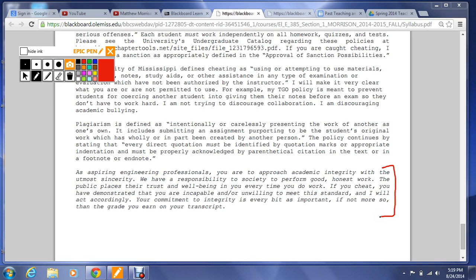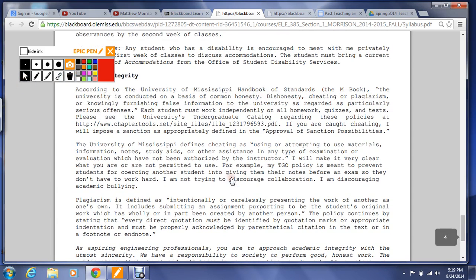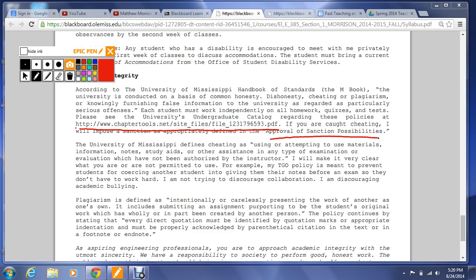If you cheat, you have demonstrated that you are incapable or unwilling to meet the standard, and I will act accordingly. Your commitment to integrity is every bit as important, if not more so, than the grade you earn on your transcript. If you have any questions about this, the first thing you should do is go to this website, where Mississippi has written everything you could possibly need to know about cheating. If you're caught cheating, I will impose a sanction appropriately defined in the approved sanction possibilities.